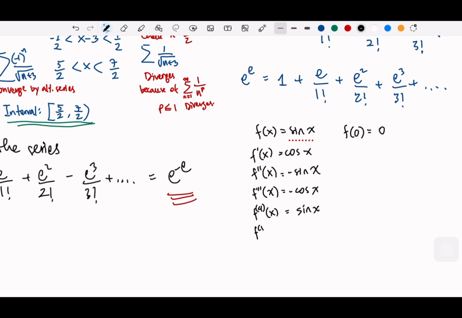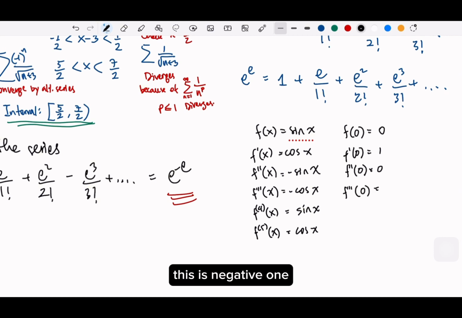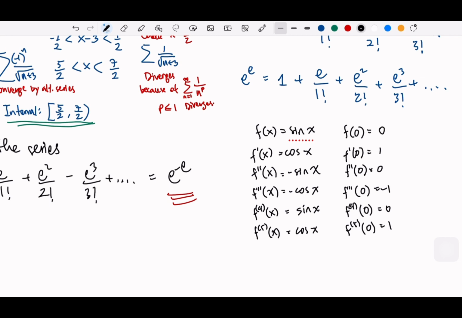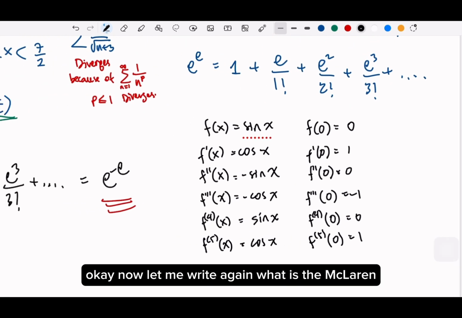Then the next value is -1, f4 is 0, and f5 is 1. Okay, now let me write again.